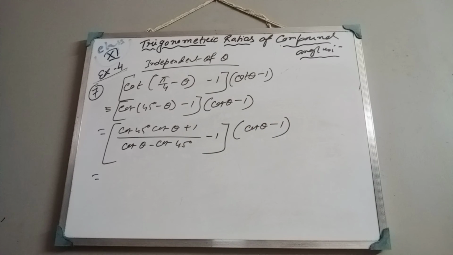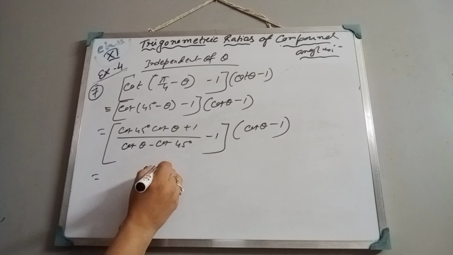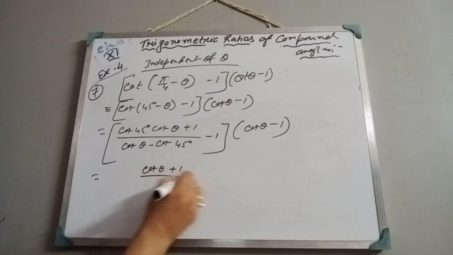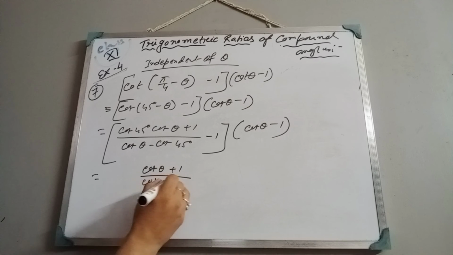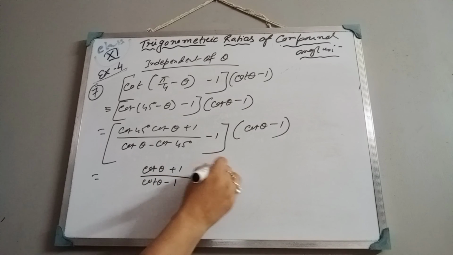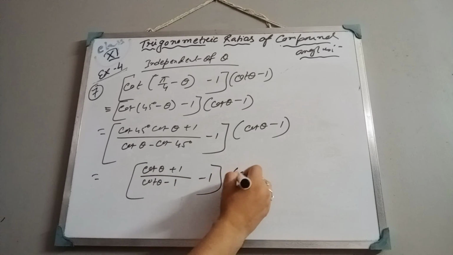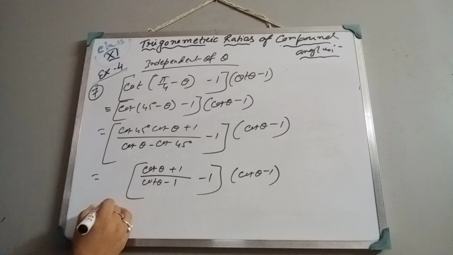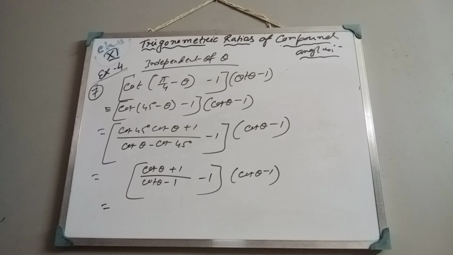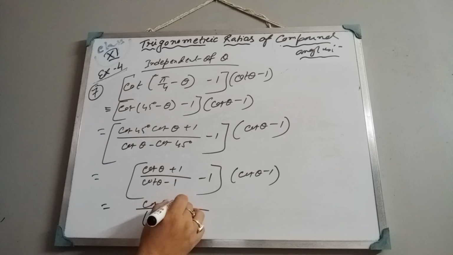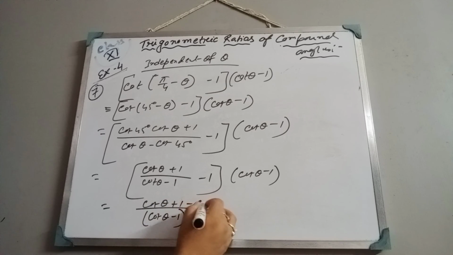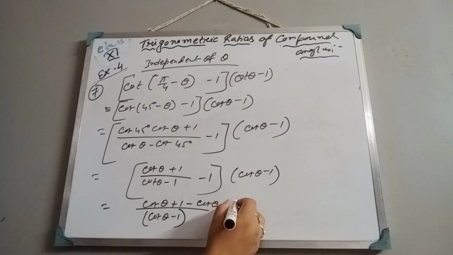Okay. Now cot 45 degree we know is equal to 1. So simply we can write this as cot theta plus 1 by cot theta minus 1, minus 1, into cot theta minus 1. Let's do the calculation part only. So it will be cot theta plus 1 minus cot theta plus 1.